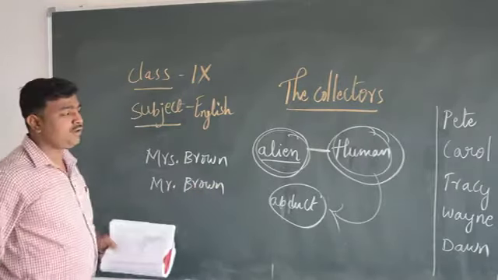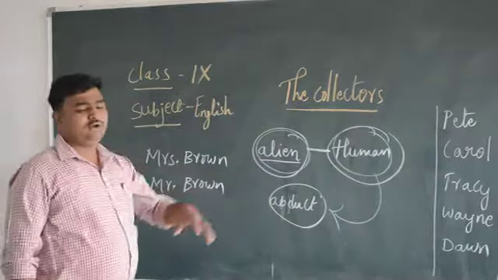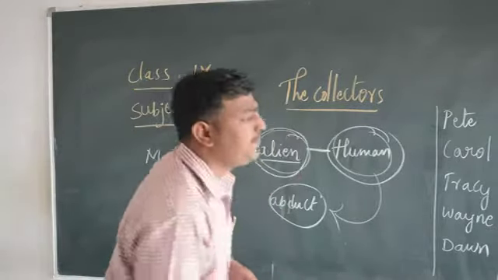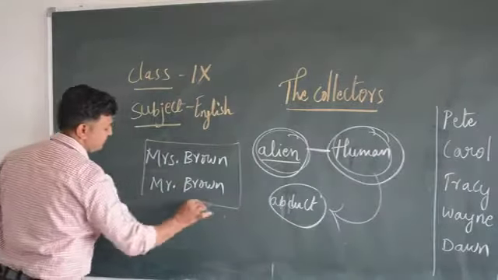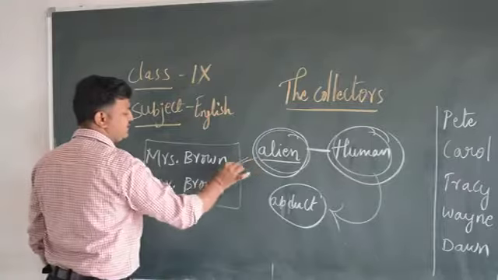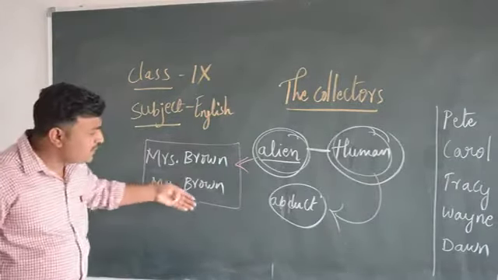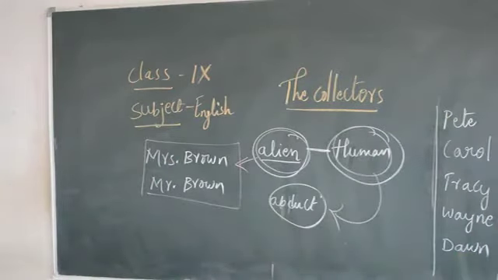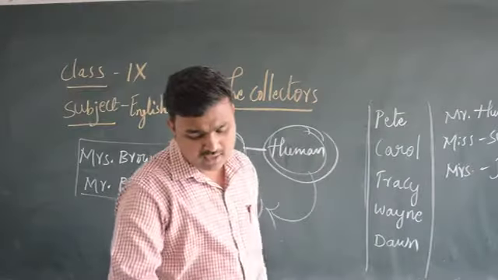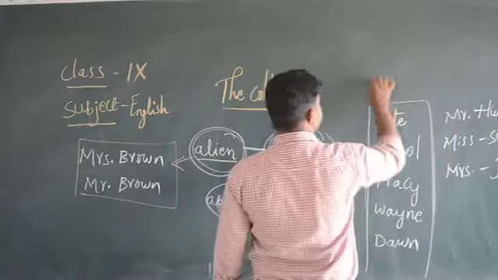It is very important to know who all these characters are before we go into the lesson or a prose discussion. These two characters, Mistress Brown and Mr. Brown, are the aliens. And all these other characters are humans.